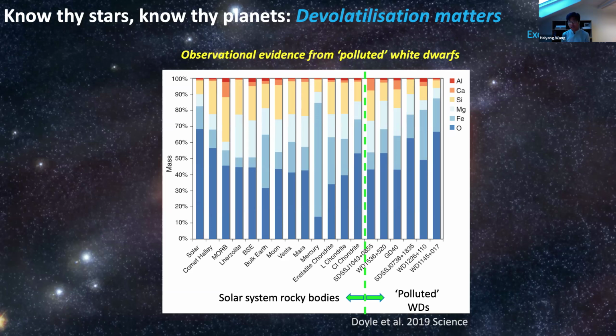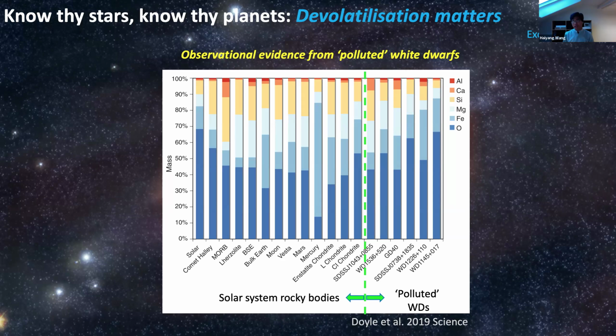With the polluted white dwarf data compared to the solar system rocky bodies data on the left side, you might see the remarkable similarity between the two. This implies that these planetary precursors, as interpreted from the white dwarf data, also experienced a similar devolatilization process as the solar system rocky bodies.